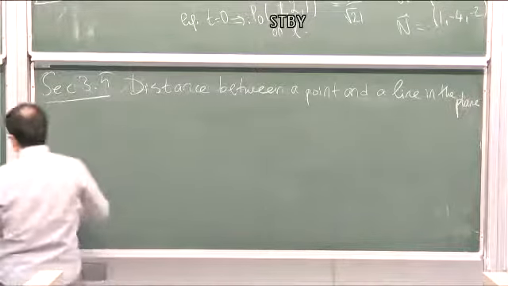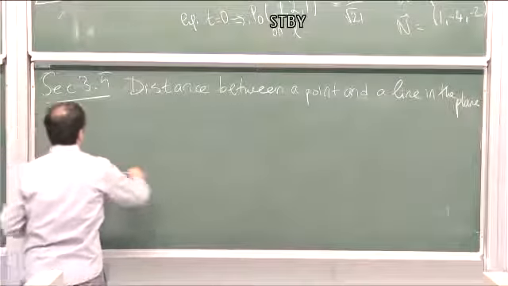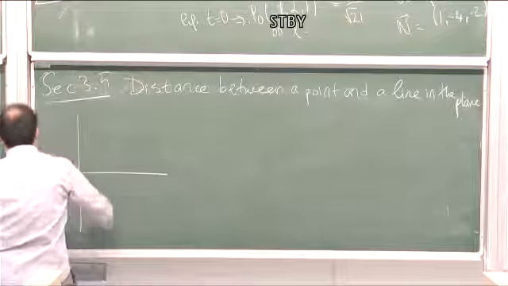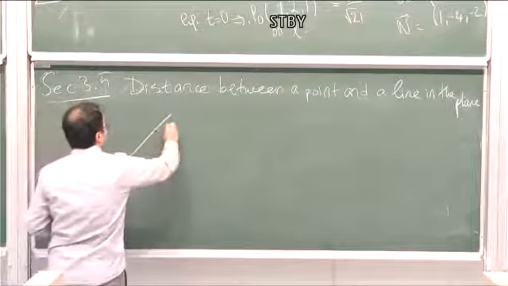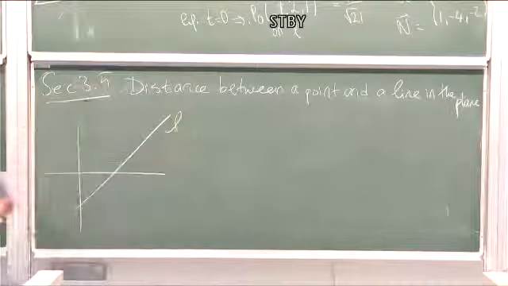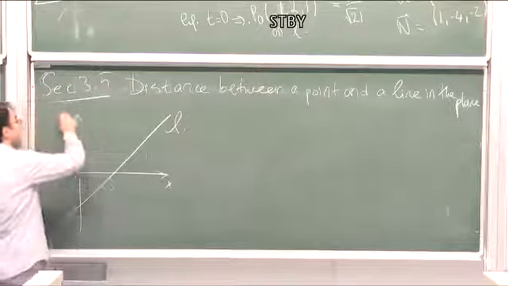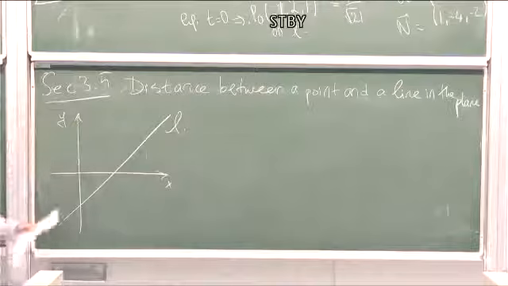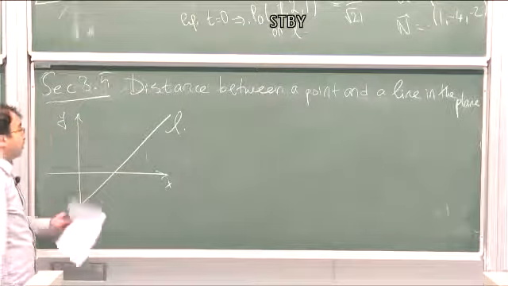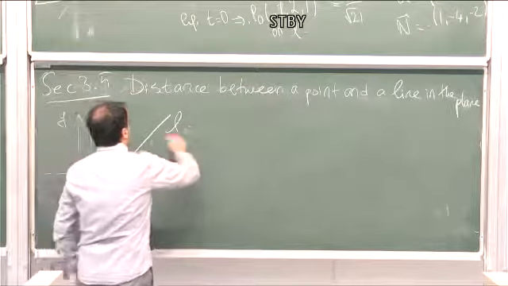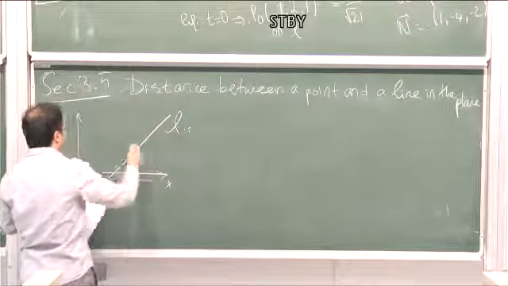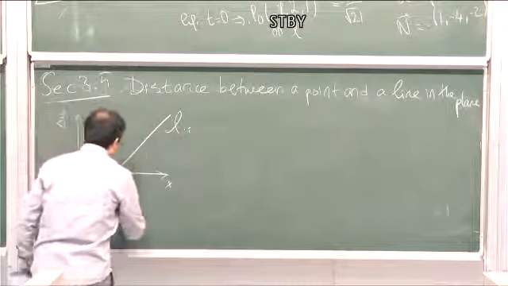All right, so here is the picture. We have a line in the plane, the xy plane, and we want to find its distance from a point, let's say P0 here.